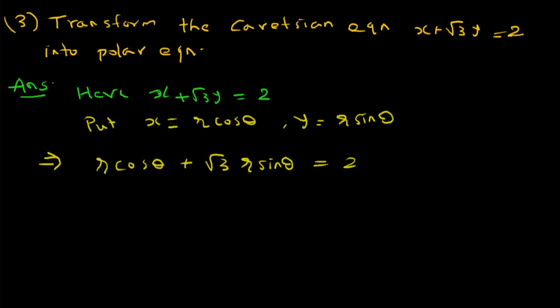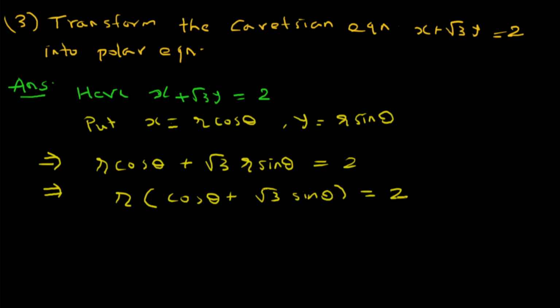See, all x and y are removed. But sometimes we can simplify this, and we must simplify as much as possible. So first I will take r common. What I will get is r times (cos theta plus root 3 sin theta) is equal to 2.